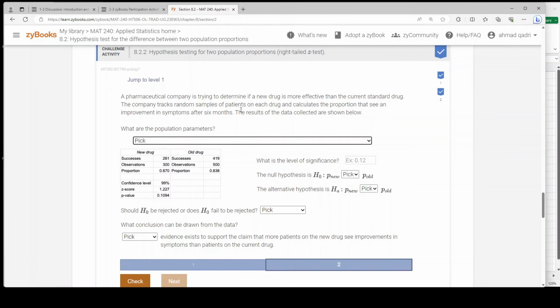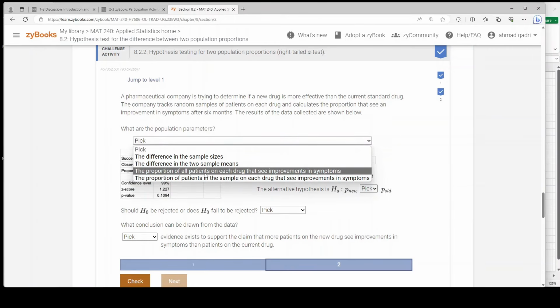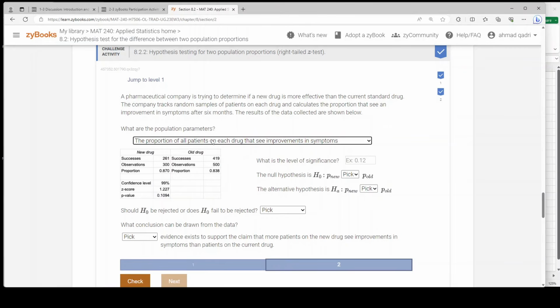So the proportion for the new drug would be higher than the standard drug. What is the population parameter? Here, it's the proportion of all patients on each drug that see an improvement in symptoms. That is the population parameter.